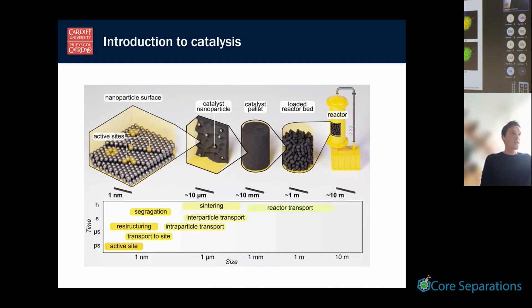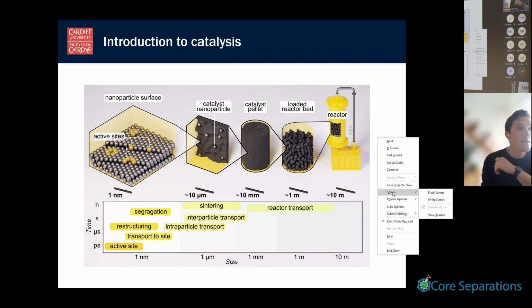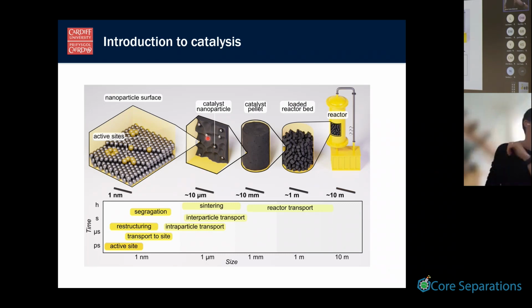So as a chemist interested in developing catalysts and understanding them, I'm interested in what's happening at the atomic scale. So this helpful graphic that I got from Wikipedia shows the various scales at which you can look at catalysts. Over on the left-hand side here, we have an atomic scale surface.